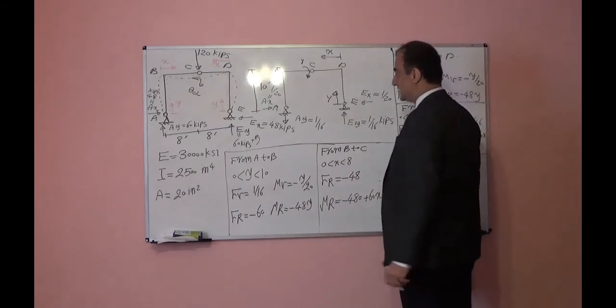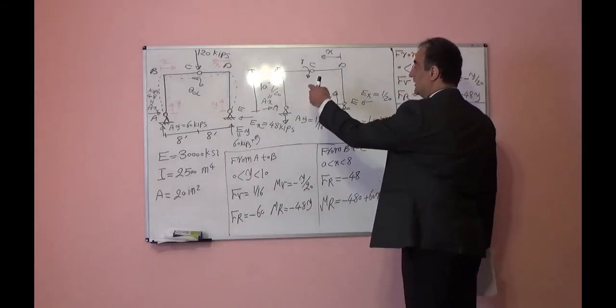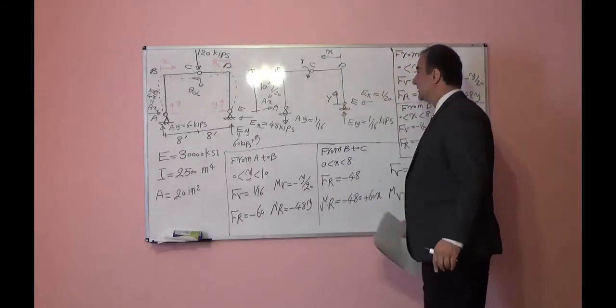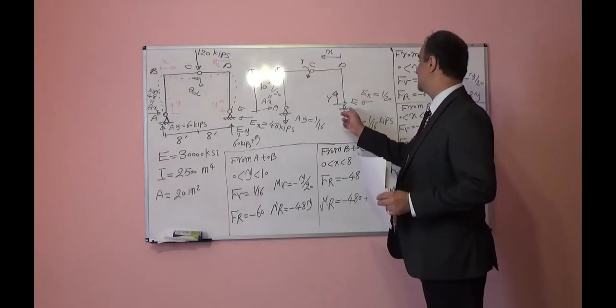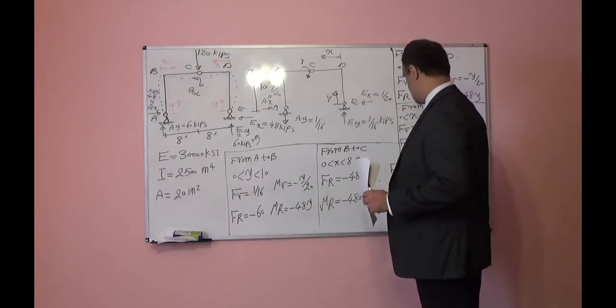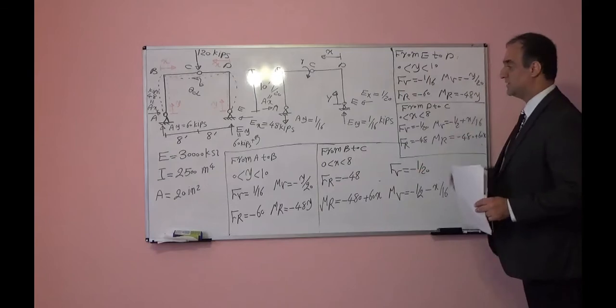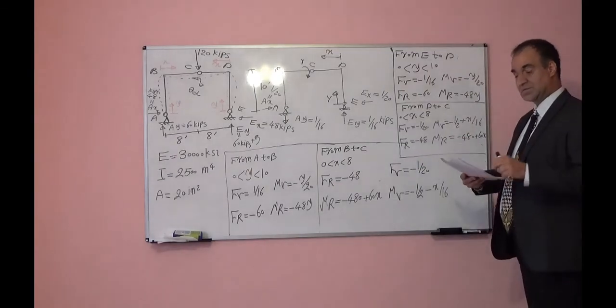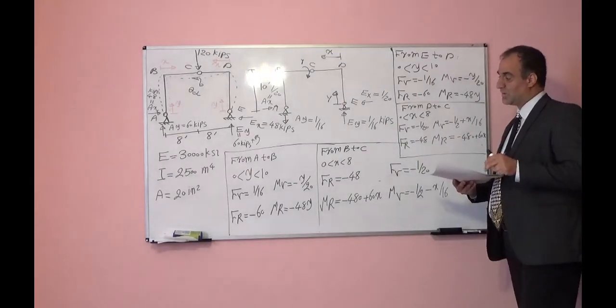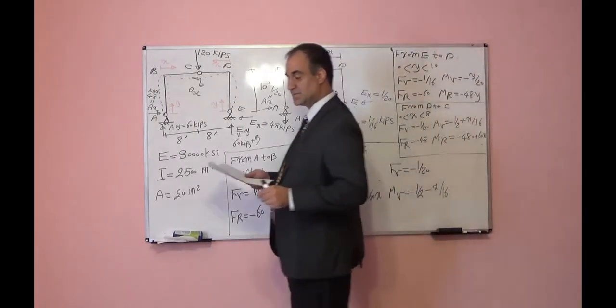Again, free body diagram, I draw it for AB and BC part. For EC and ED will be similar, you will draw yourself. So these will be our functions. Now we should multiply these in each region.